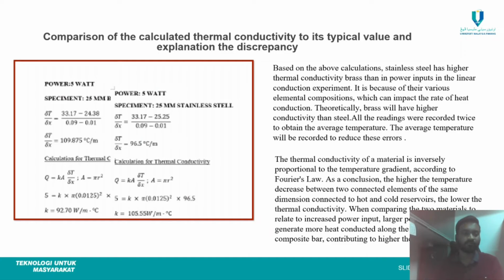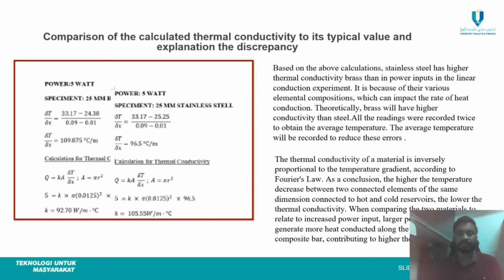Here both are at 5 watt, and the specimens we use are 25 mm brass and 25 mm stainless steel. We get the stainless steel as higher in thermal conductivity based on our experiment, whereas the brass is 92.70 watt per meter Celsius.